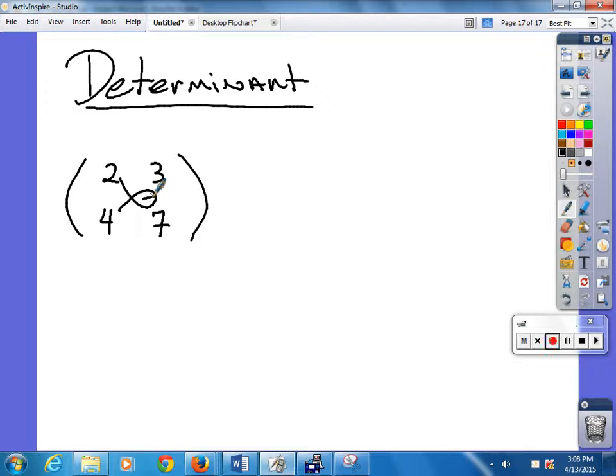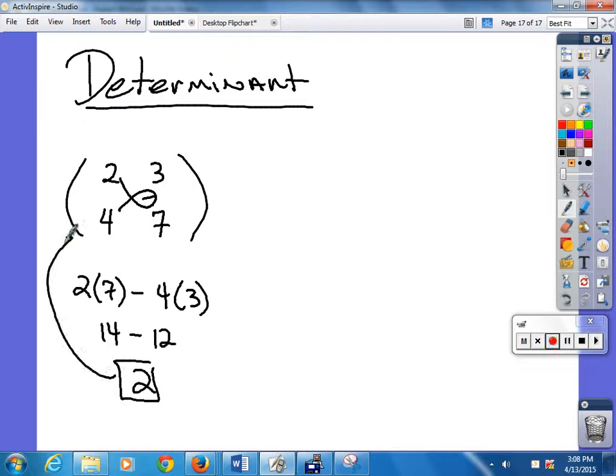That is 2 times 7 minus 4 times 3. And 2 times 7 is 14 minus 12 is 2. So 2 is the determinant of this 2 by 2 matrix. And that's how you find the determinant.